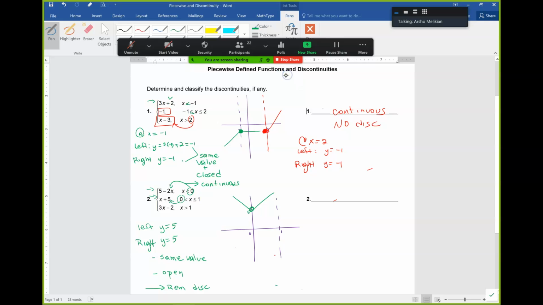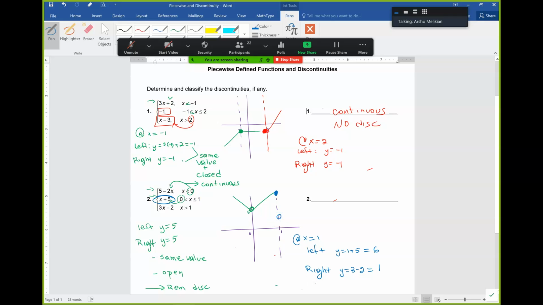At x equals 1, from the left, it's this one, 1 plus 5, 6. Okay, so from here it's 6 and it's closed. And then from the right, you plug 1 in there, y equals 3 minus 2, it's 1 and it's open.